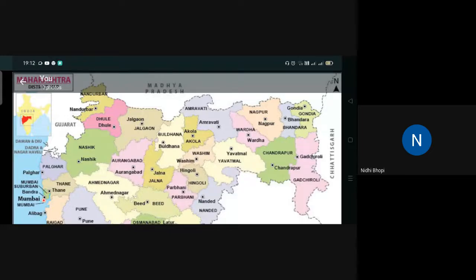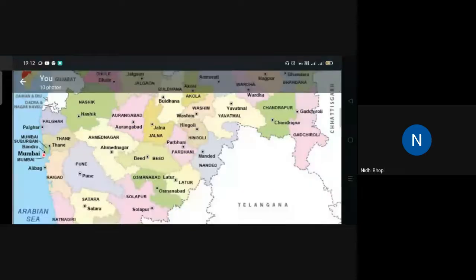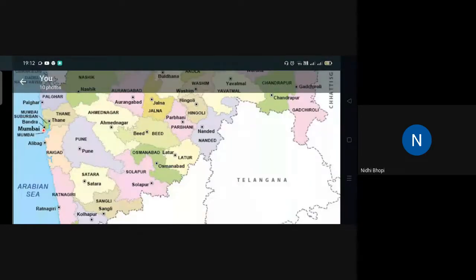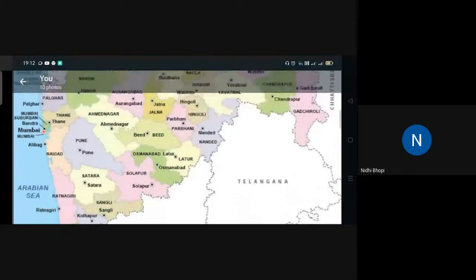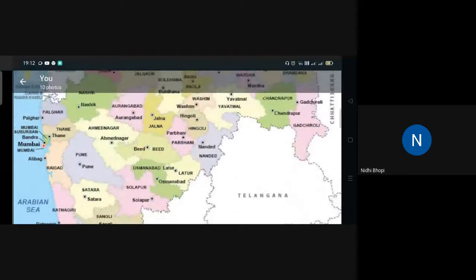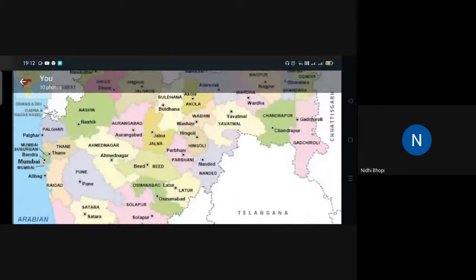Other 35 districts you can see right from top. We had Nandurbar, then we have Dhule, then we have Jalgaon, we had Nashik, Aurangabad, Ahmednagar, Thane, Palghar, Raigad, Pune, Satara, Ratnagiri, खाली आलं तर कोल्हापूर, सांगली, मग सिंधुदुर्ग, इथे आलं का सोलापूर, मग लातूर, उस्मानाबाद, बीड, नांदेड, परभणी.